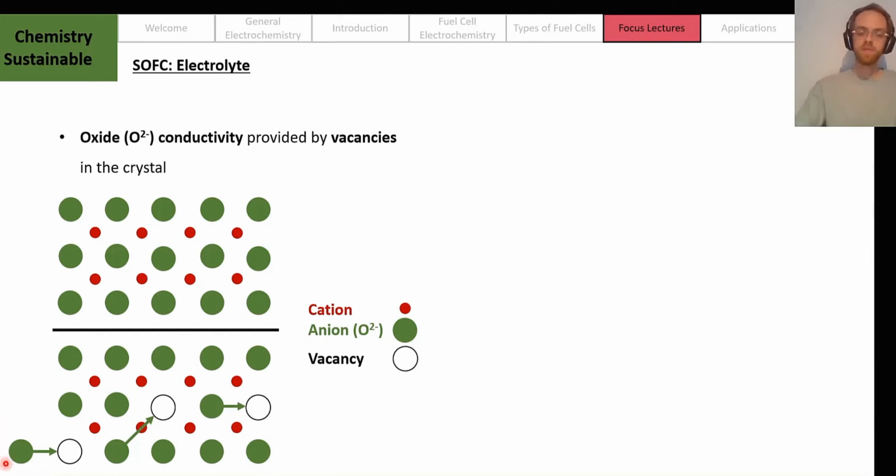Here you will simply see that the anion will now occupy the vacancy. And as this works in a kind of caterpillar mechanism, where one pushes the next, once this occupies this vacancy, another anion might fill this vacancy, and another adjacent anion might fill this vacancy now. And by this process, you stepwise ensure the conductivity of ions through the cell.